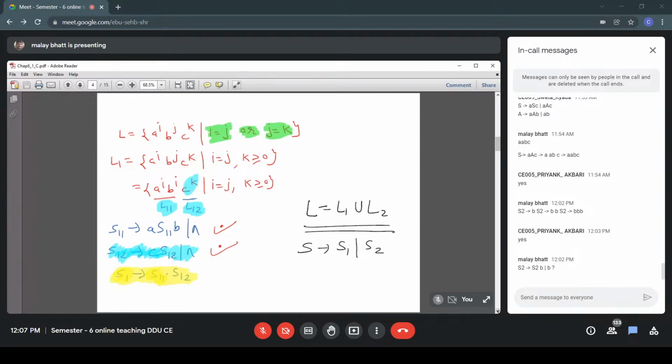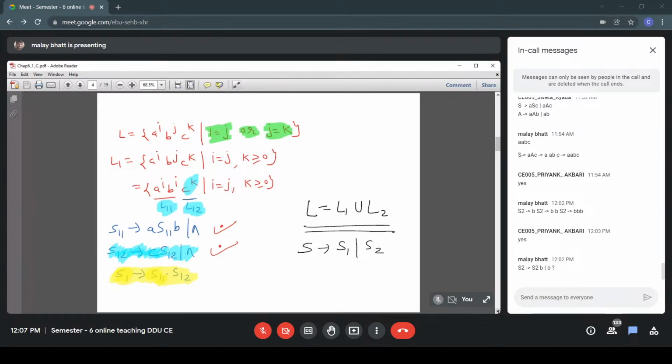Only C raised to K may be possible, because when I equal to J, K can be anything. So we are writing S11, which is A S11 B or null for the L11 language.